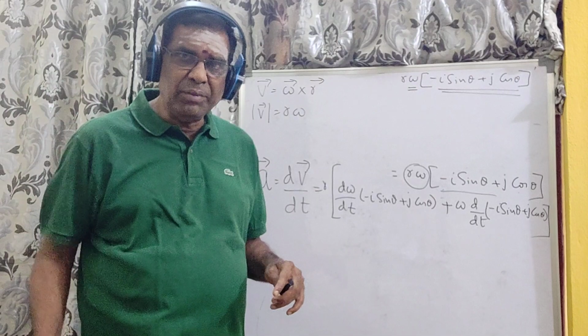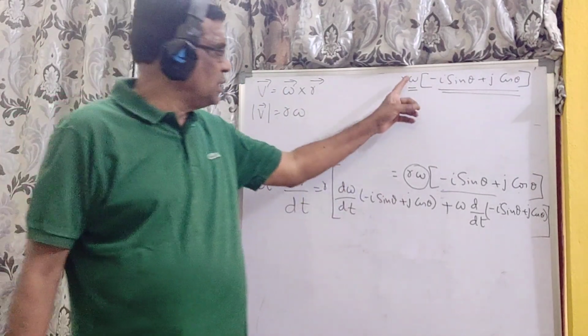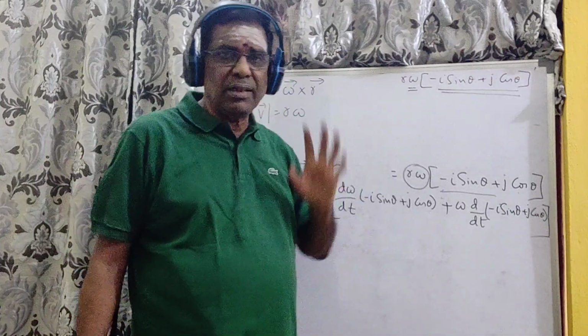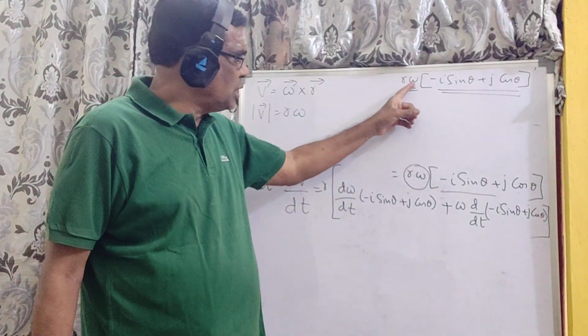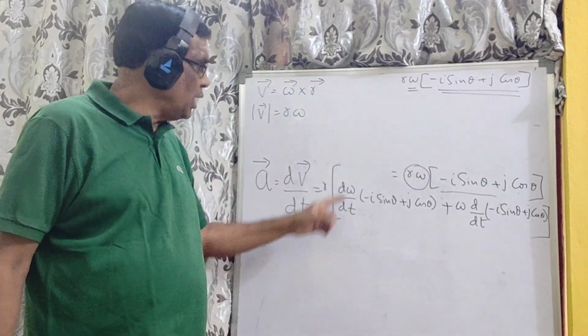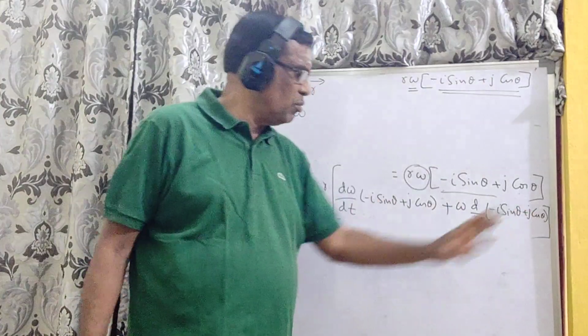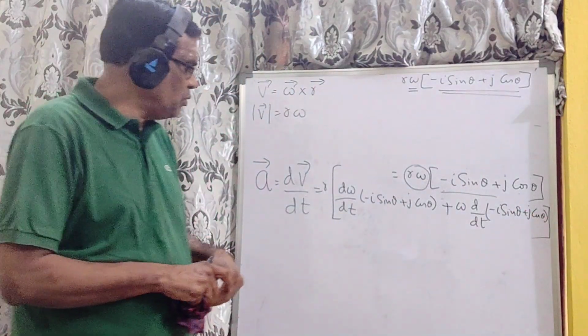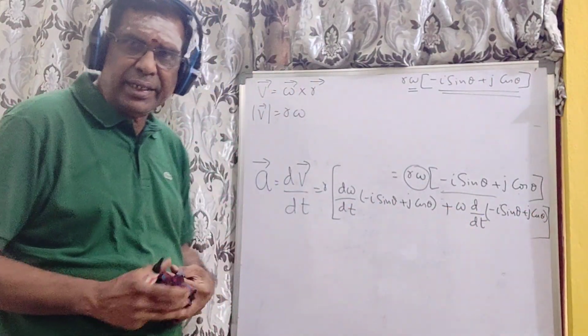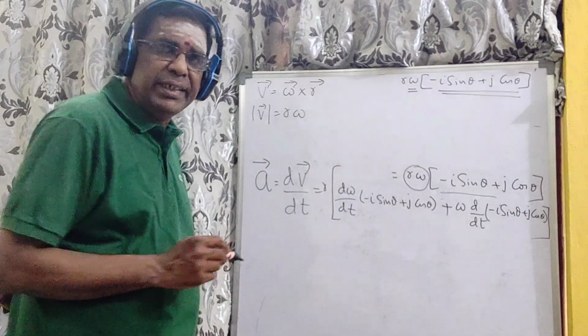Carefully follow what I am doing. I am using the product formula. This is a variable, this is another variable. So first I took the derivative of this, multiplied by this, then omega times the derivative of this I have multiplied. Each one we have to work out separately. But we know what d omega by dt is.